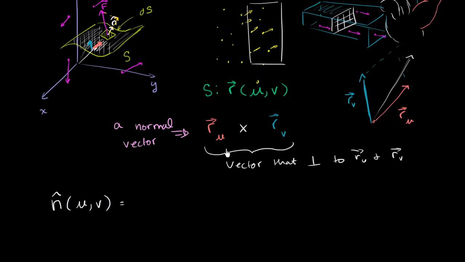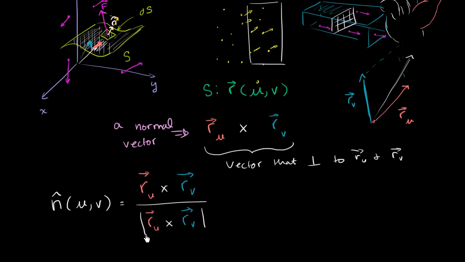It is going to be equal to the partial of r with respect to u crossed with the partial of r with respect to v. That gives us a normal vector, but it hasn't been normalized. So we want to divide by the magnitude of the exact same thing: r sub u crossed with r sub v.